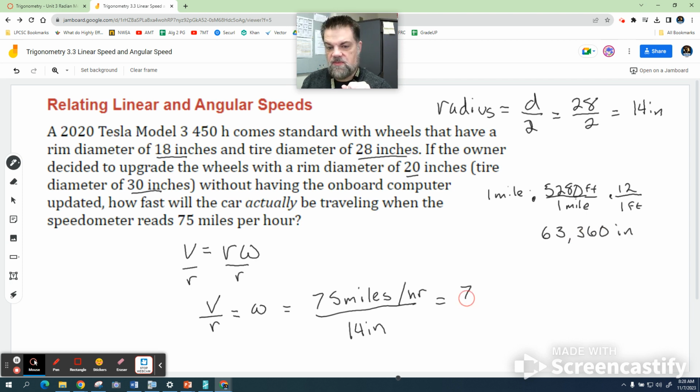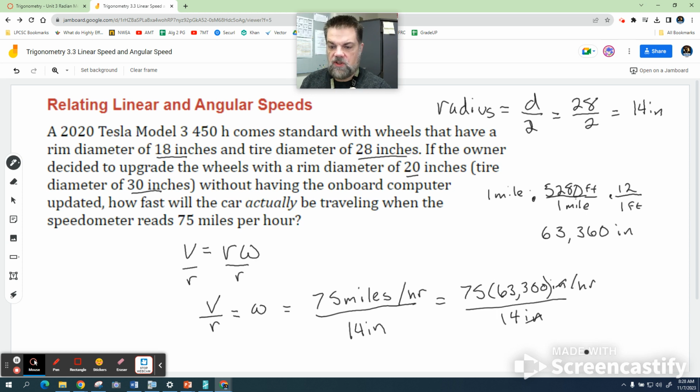So then this becomes 75 times 63,360 inches per hour over 14 inches. And the reason we wanted to put the inches in there is because we're going to cancel the inches. Inches divided by inches.